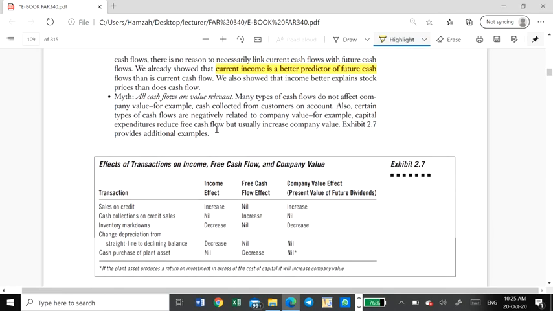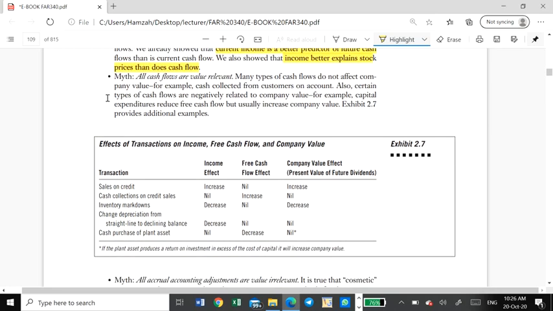Besides that, income better explains stock prices than cash flow. Cash flow dia tidak akan menunjukkan harga stok sesebuah company tu increase or decrease. No. Cash flow only show the performance of the business with the cash basis. Okay.